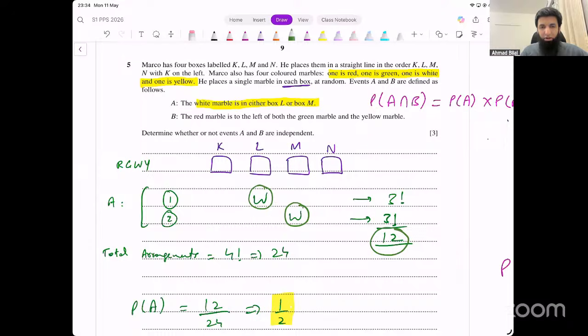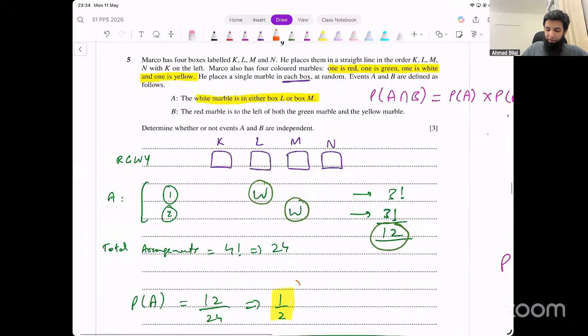Out of the total, what will be the total number of possible arrangements? If there were no conditions, there will be 4 factorial. If there's no condition, 4 marbles, 4 boxes, 4 factorial. So what's the probability of A then? The probability of A turns out to be 1 over 2. That's the probability of one event. That's what we wanted to calculate. Okay.